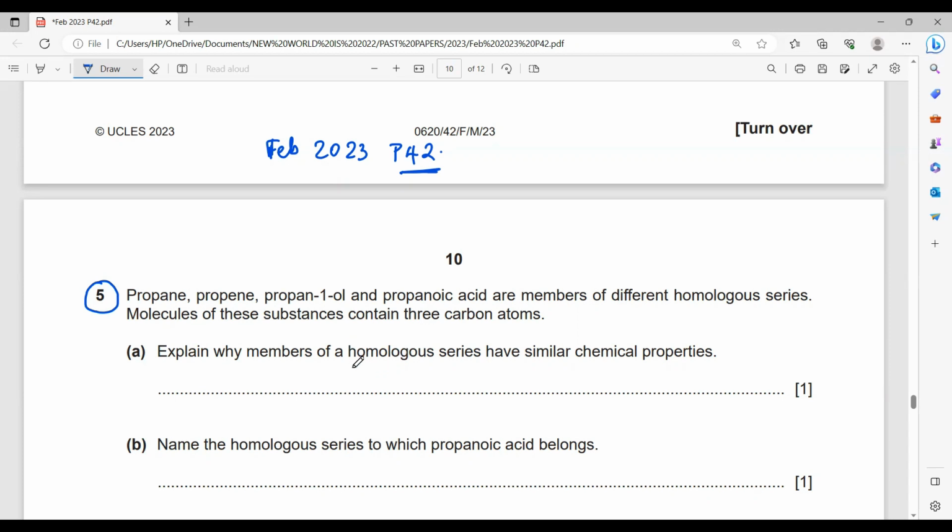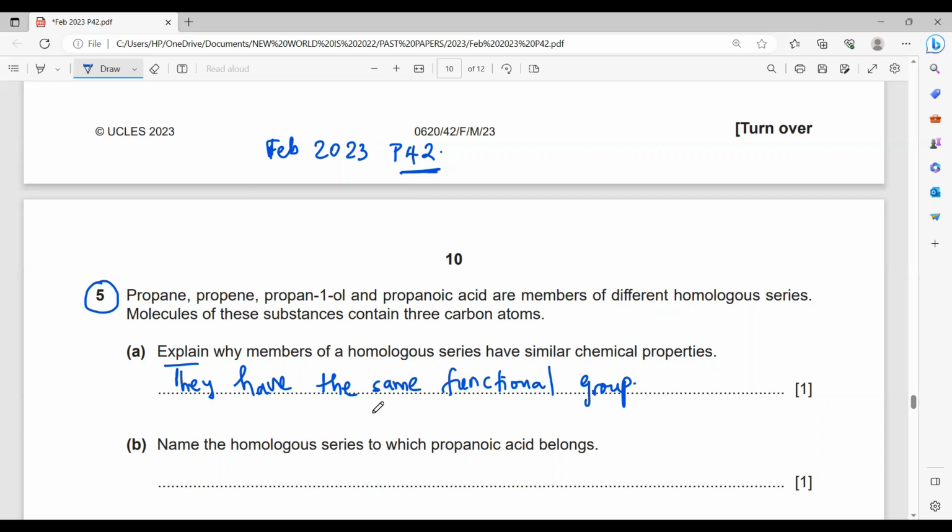So members of a homologous series have similar chemical properties because they have the same functional group.